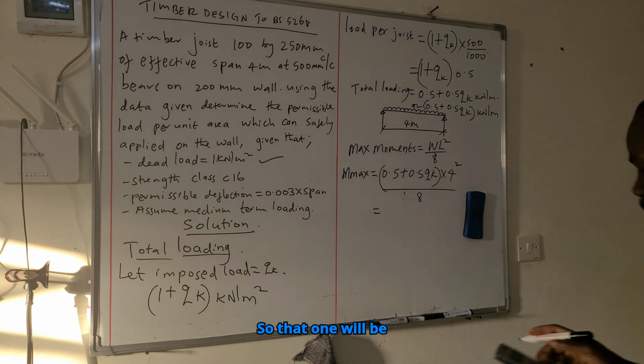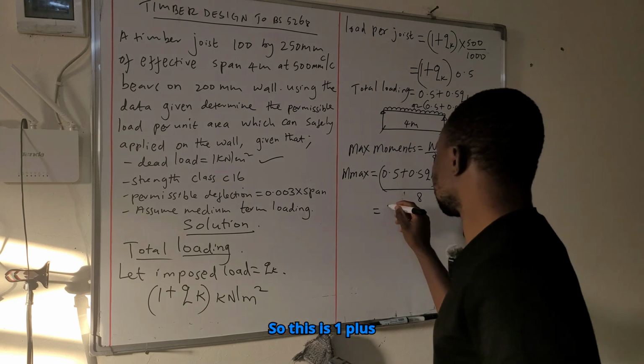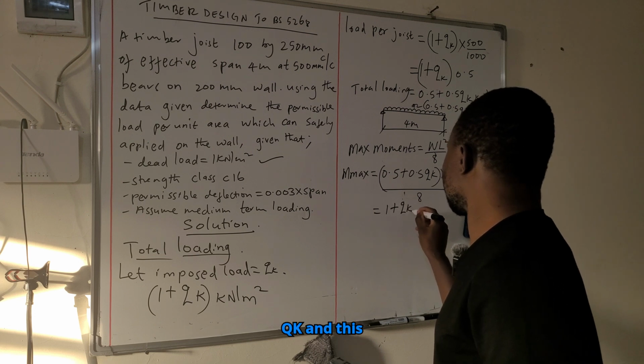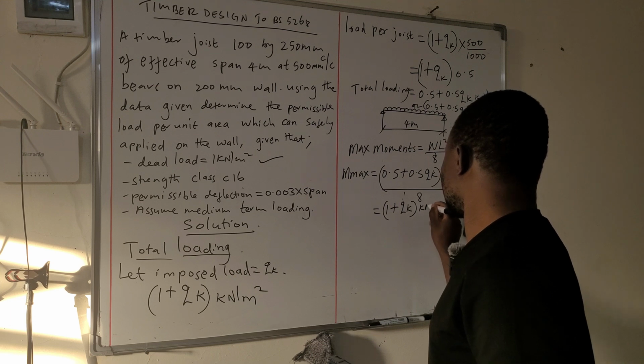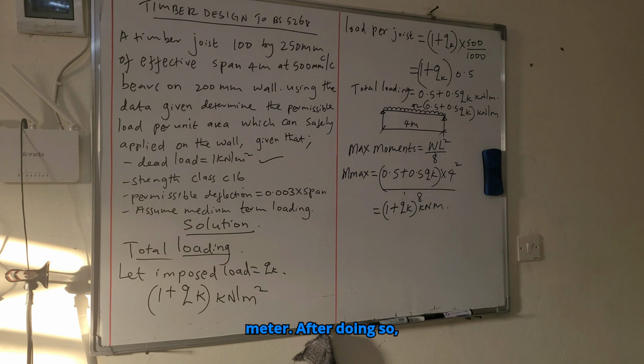So that one will be 0.5 times 4 squared divided by 8. So this is 1 plus Qk, and this is in kilonewton meter.